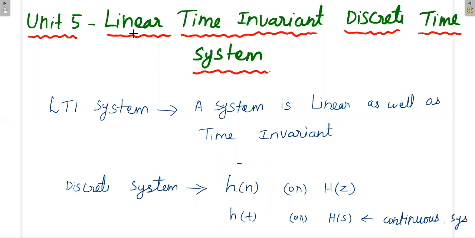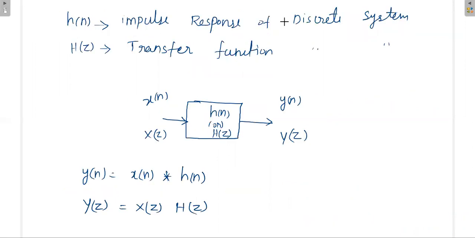H of n is called the impulse response of the discrete time system. Already we know that the system response is also called the impulse response, because the system response is y of n, and y of n is equal to h of n convolved with x of n. When the input is an impulse, h of n convolved with delta n is equal to h of n.